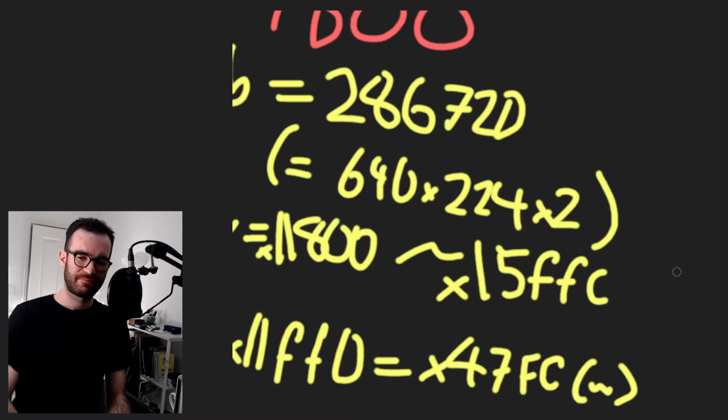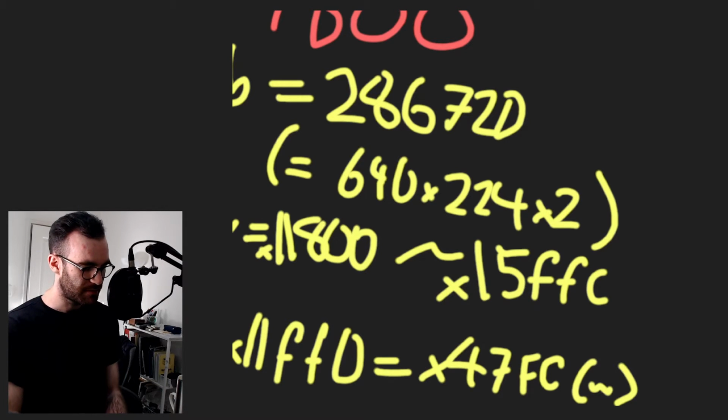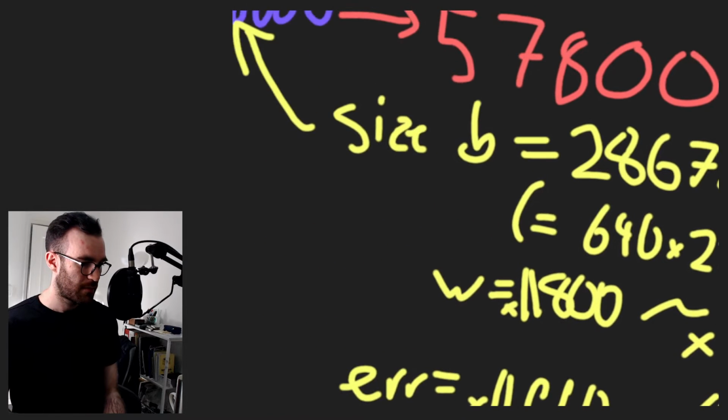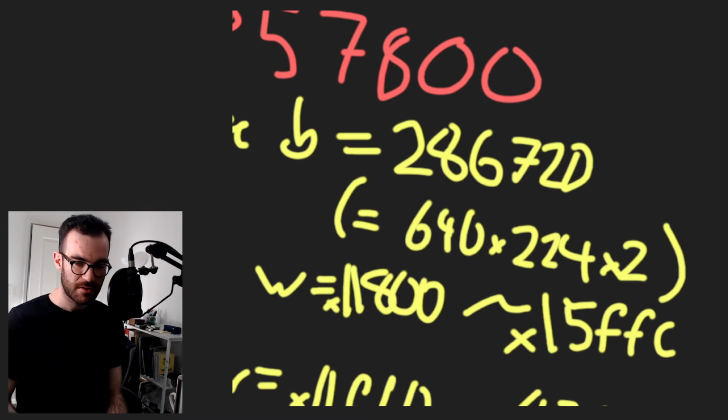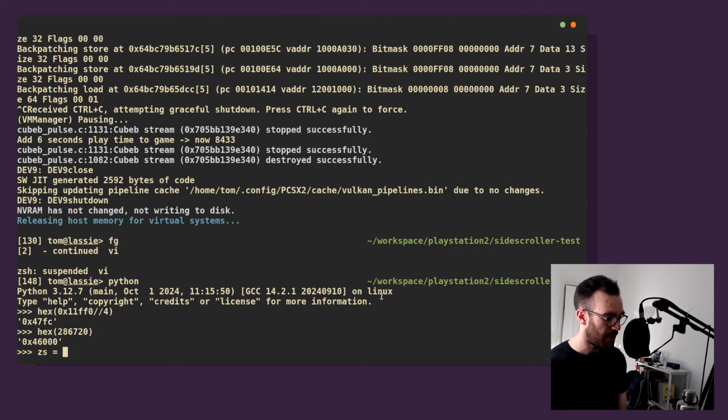So if I just, so what's the hex representation of this? 286720. So let's call this ZS. Let's say the size is 46000.